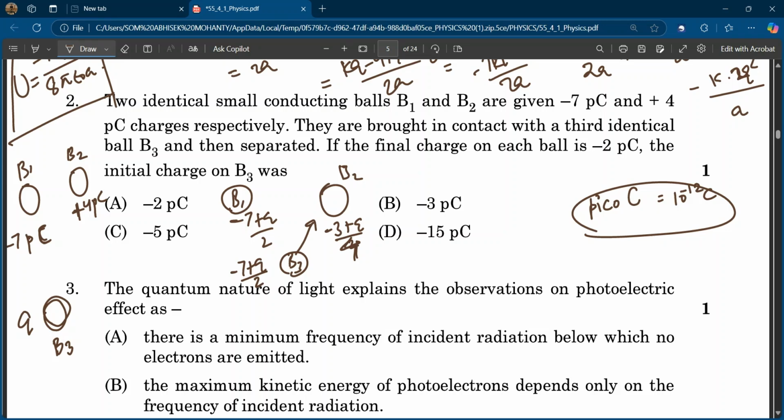So now B1's charge is (minus 7 plus Q) by 2, B2's charge is (minus 3 plus Q) by 4.